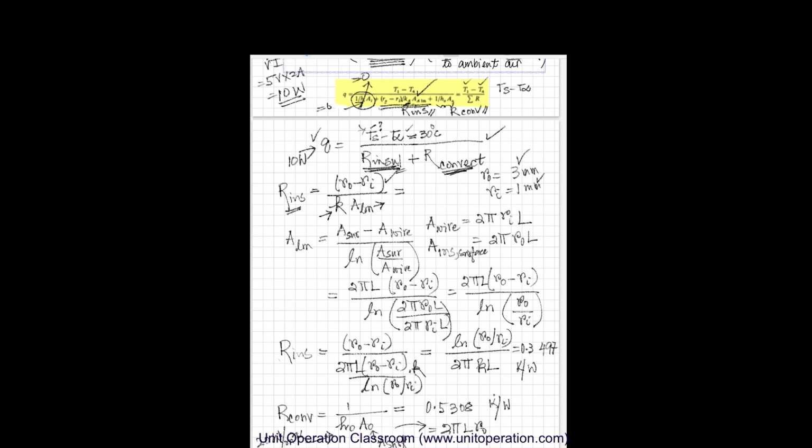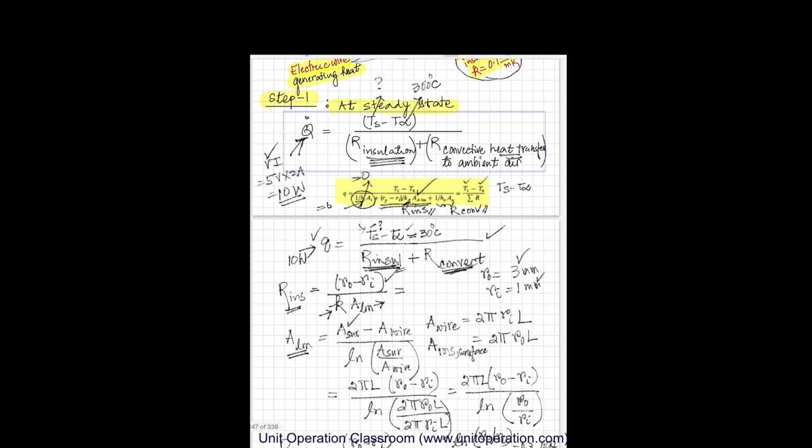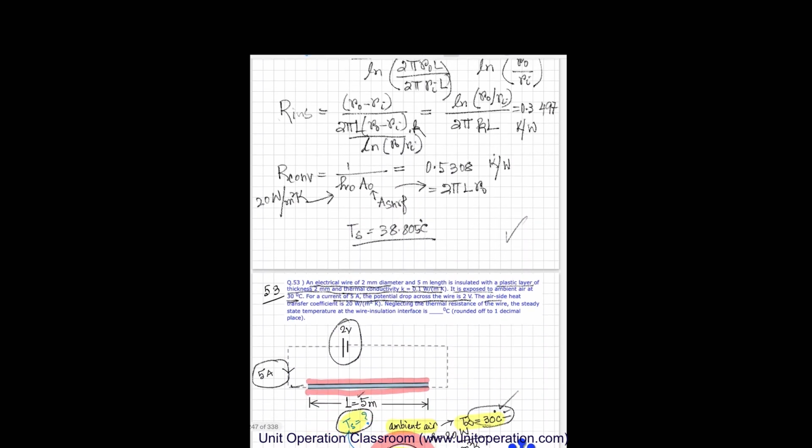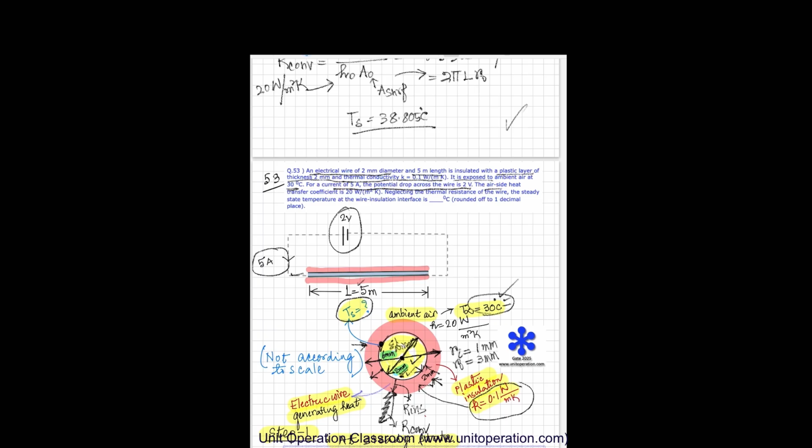Log mean area is equal to area of the surface, which is area of the surface right here. So this area and this area, and we have to take the log mean of that. So area of the surface minus area of the wire divided by log of the area ratio. Now, area of the wire is 2 pi Ri L, inside one.